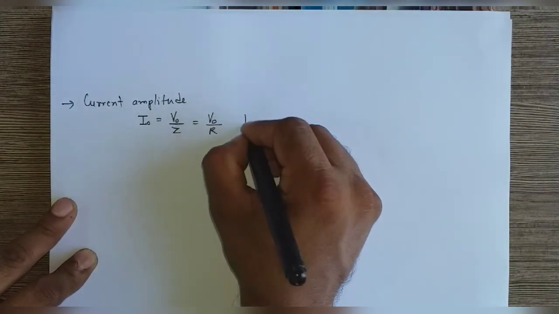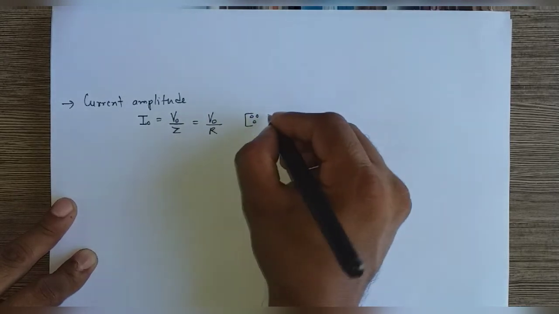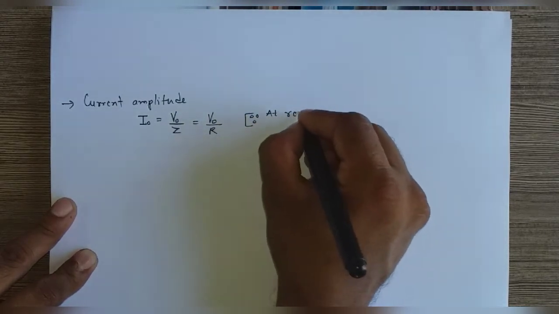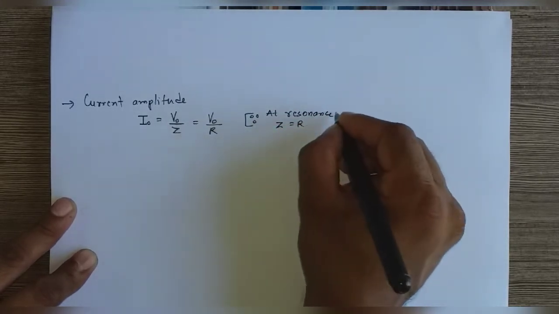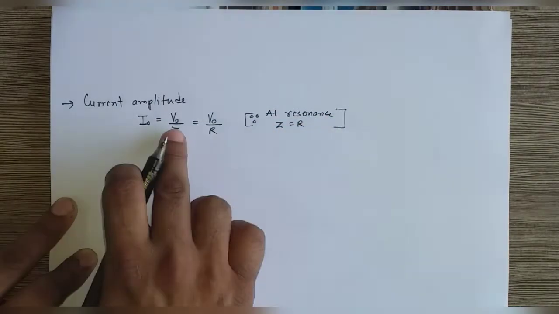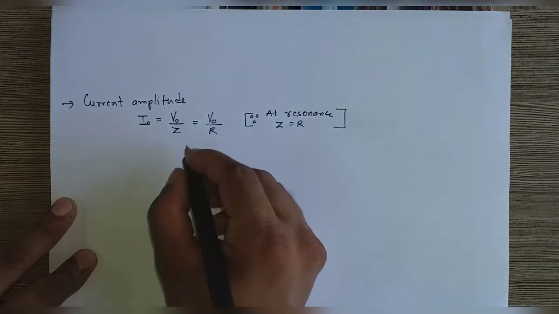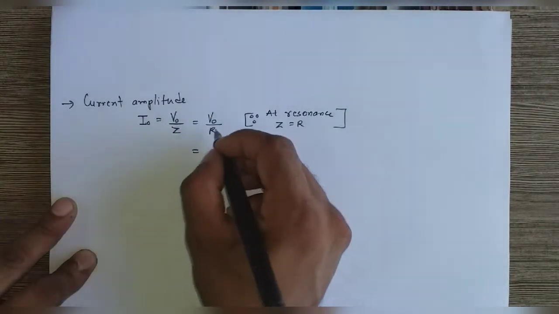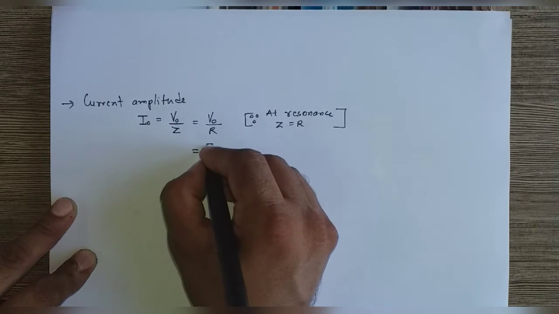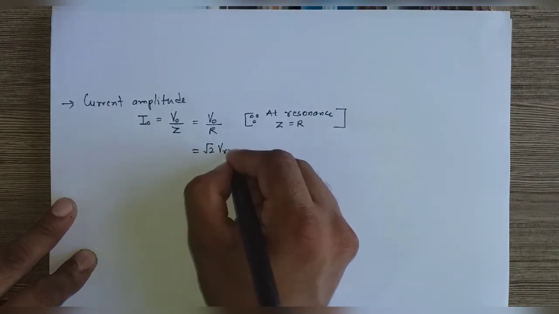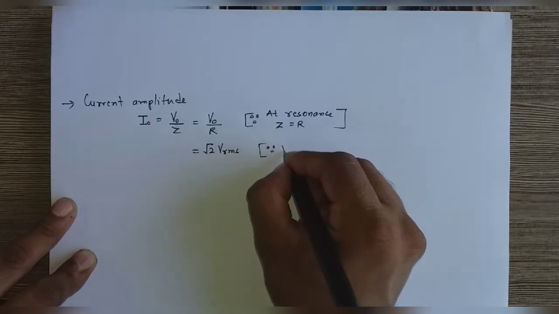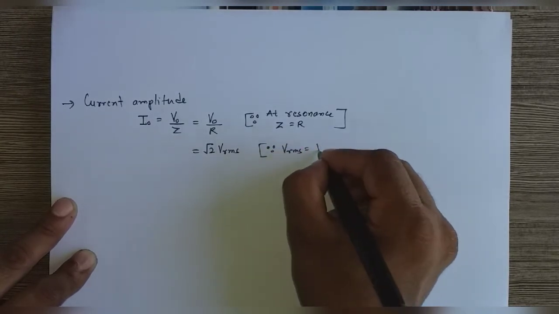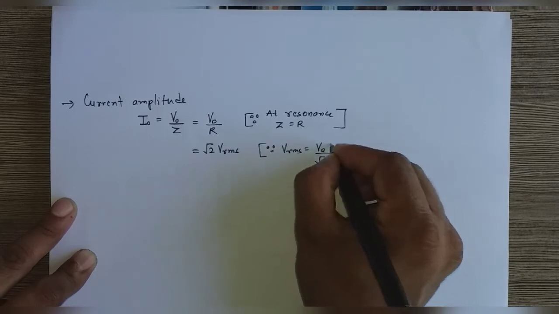At resonance the impedance Z is equal to R, so instead of Z we put R here. V naught is root 2 VRMS, as we know that VRMS is equal to V naught upon root 2.